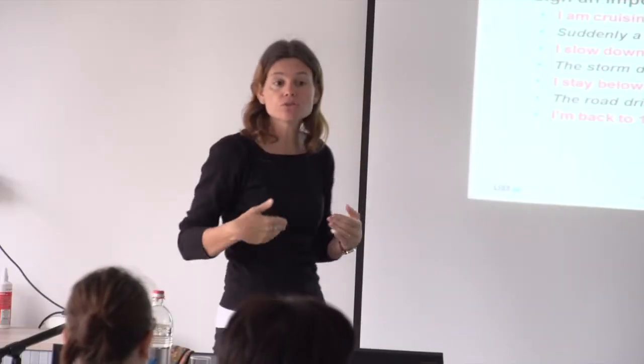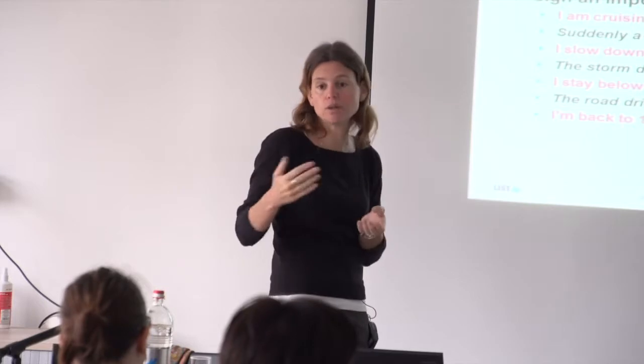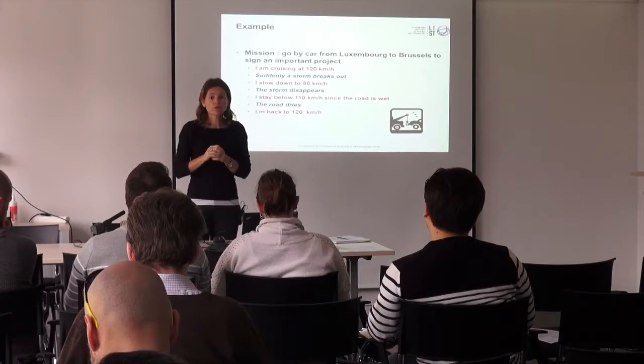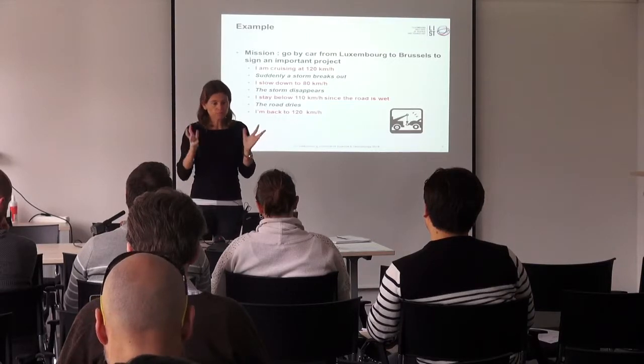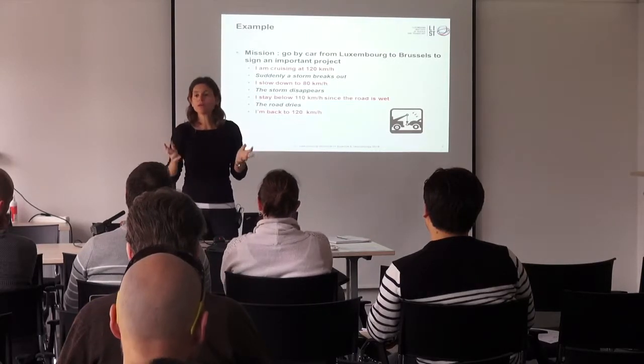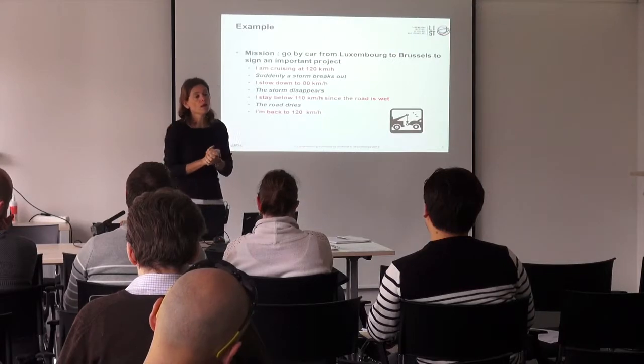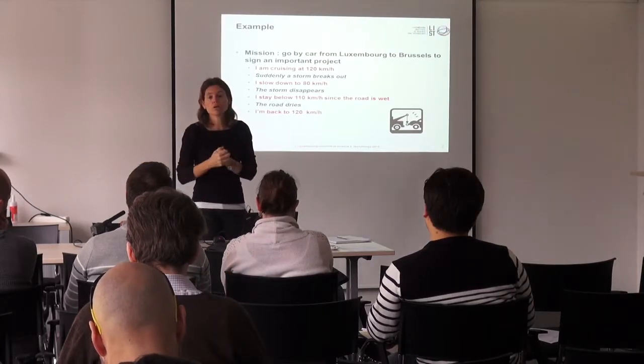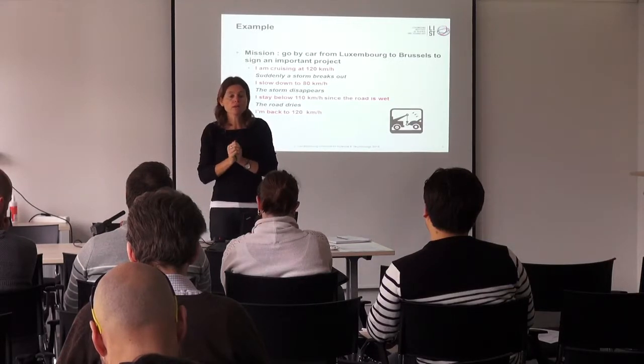So what you do is you slow down to 80 kilometers per hour, and then the storm, it was really brutal, but then quick. So the storm goes away, and the road starts to dry.